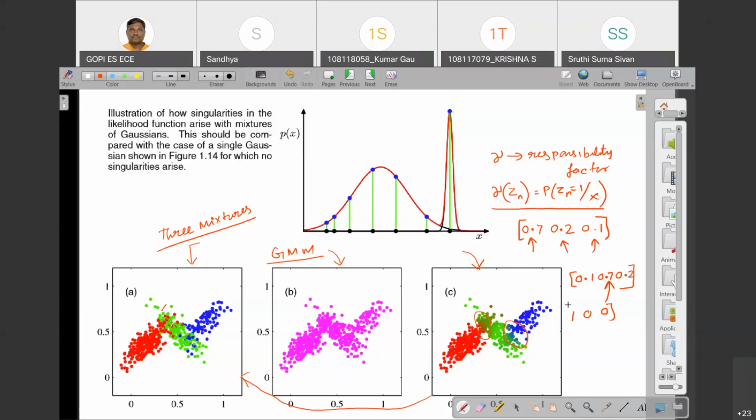In that case, mixture model 1 is actually purely responsible for generating that particular vector. So that color shade is what is actually giving you here, visually, to help you understand. So nothing else. For every vector, we have 3 elements of responsibility factor. So this is only the indication of how powerful the algorithm is. Your GMM is able to do this.